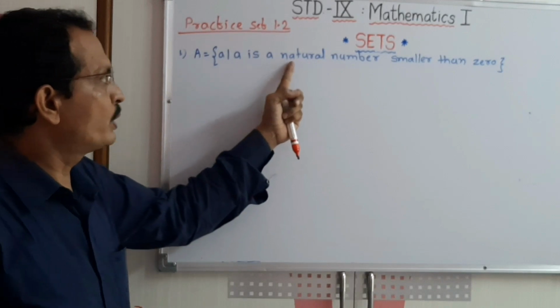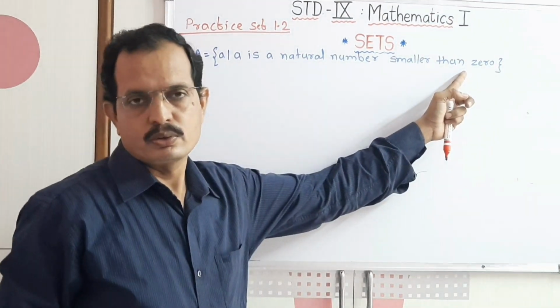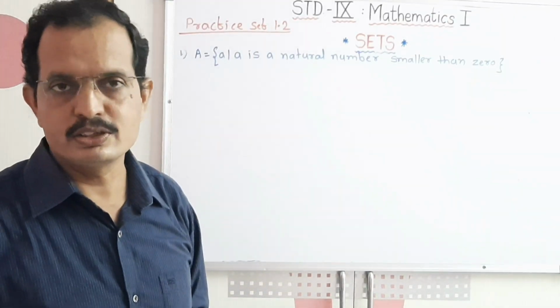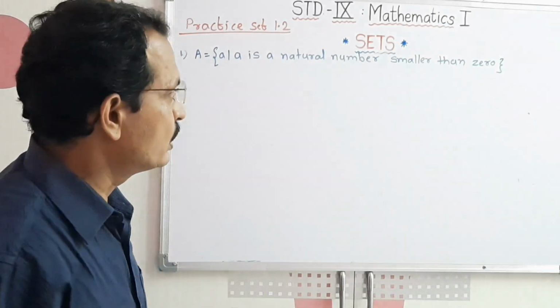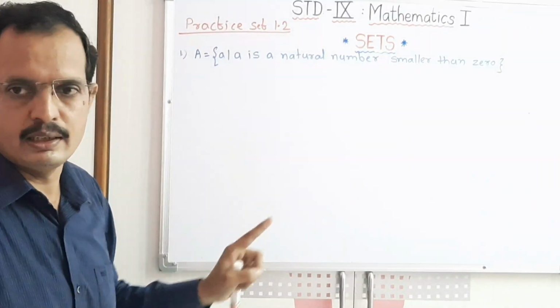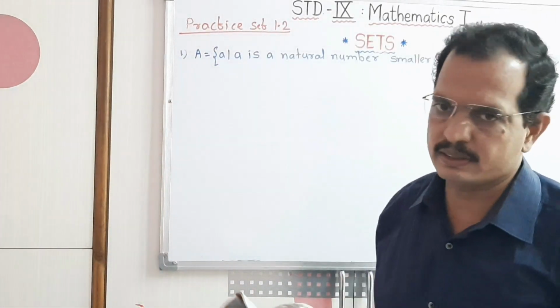All of you know that we have to write the natural number smaller than 0. Students, you know that the natural numbers start with 1. Therefore, there is no natural number less than 0. Therefore, this set doesn't contain any elements. Therefore, this set A is an empty set.